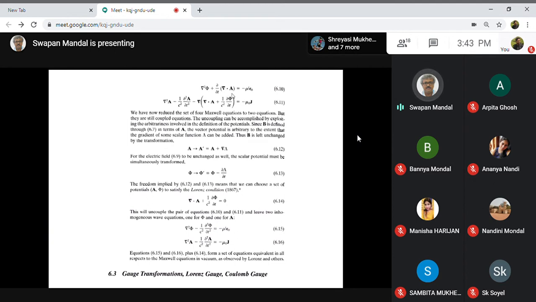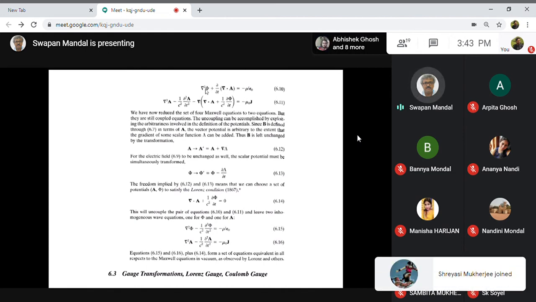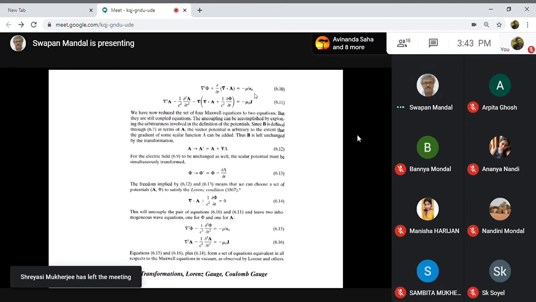If I put divergence of A equal to 0, this term will go, therefore I will be left with del square phi equal to minus rho by epsilon 0. On the other hand, since divergence of A equal to 0, I have del square A minus 1 by c square del square A by del t square minus gradient of phi, 1 by c square del t of gradient of phi equal to minus mu 0 j.